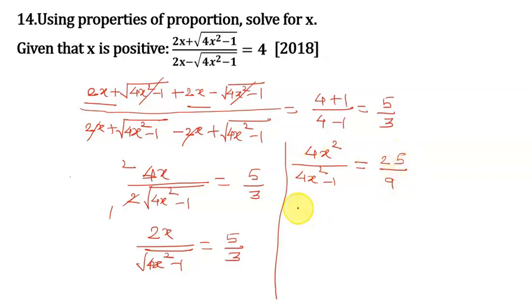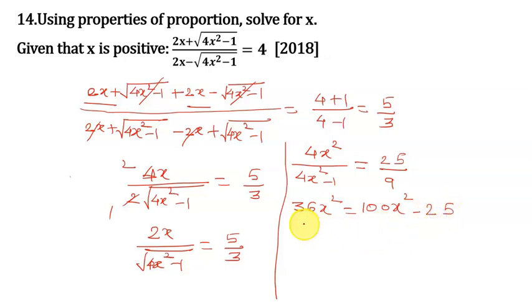Next cross multiplication. 4x square into 9, then you will have 36x square. Next is 25 into 4x square, you will have 100x square. 25 into minus 1, that is minus 25.